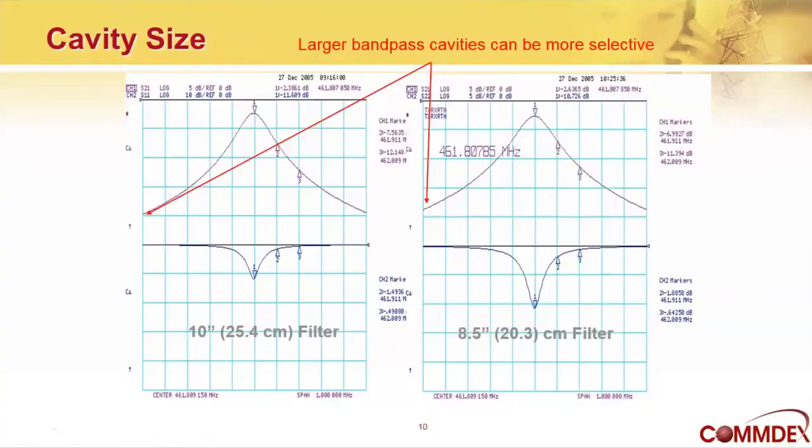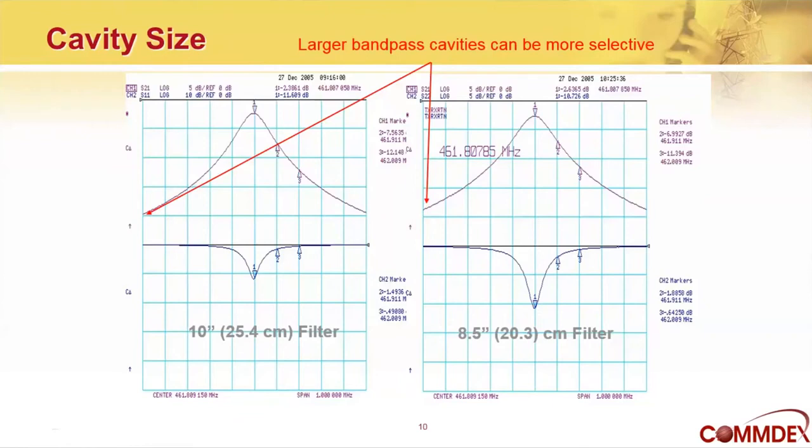What about the size of the cavity? Does that make a difference? Well, it turns out that if we go to a larger diameter bandpass cavity, we can make it more selective. So if you see on the left, we have the response curve of a single 10-inch cavity filter.